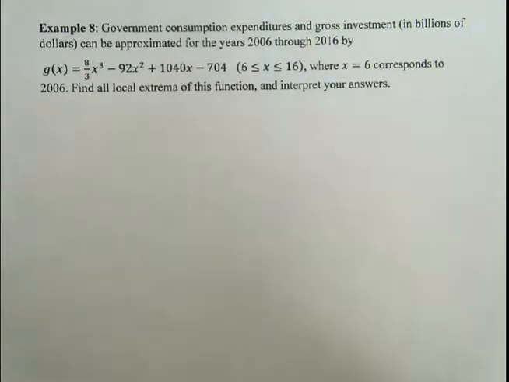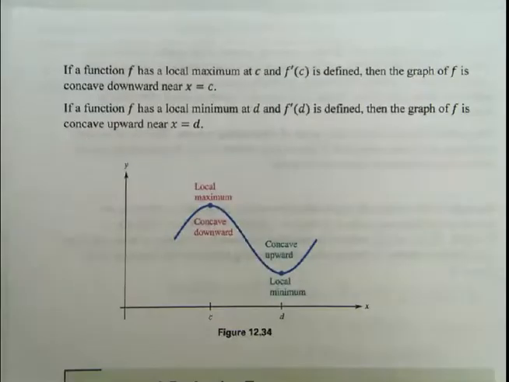Government consumption expenditures and gross investment in billions of dollars can be approximated for the years 2006 through 2016 by that function, where x equals 6 corresponds to 2006. Find all local extrema for this function. Interpret your answers. Okay, did I skip a piece of this page? I sure did. So let's look at that before we go into example 8.